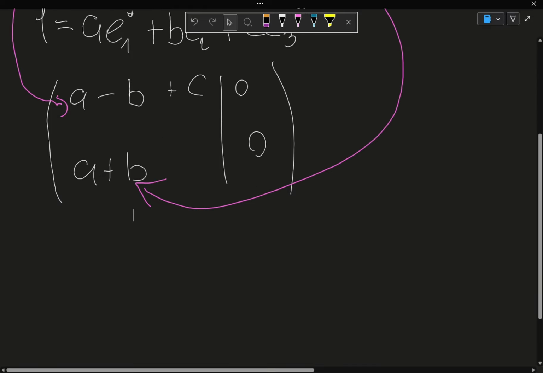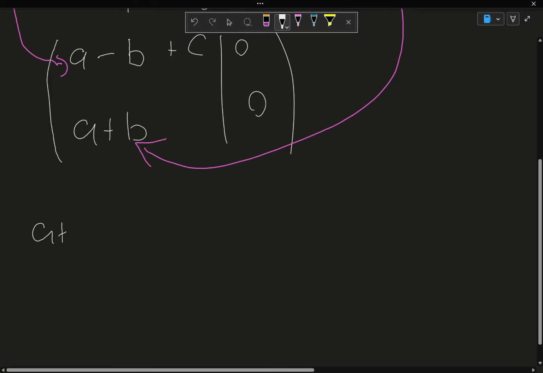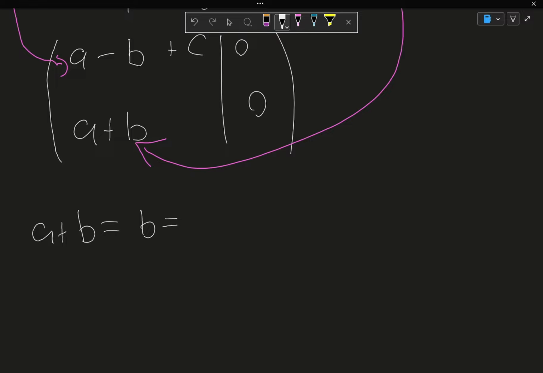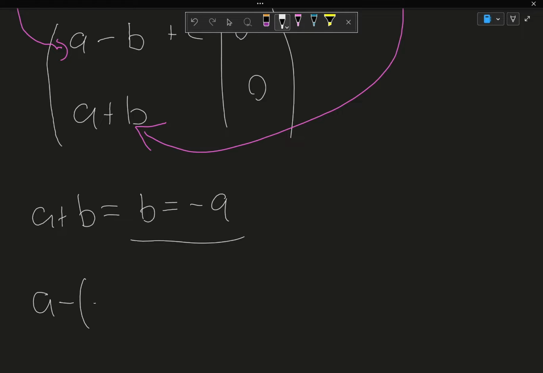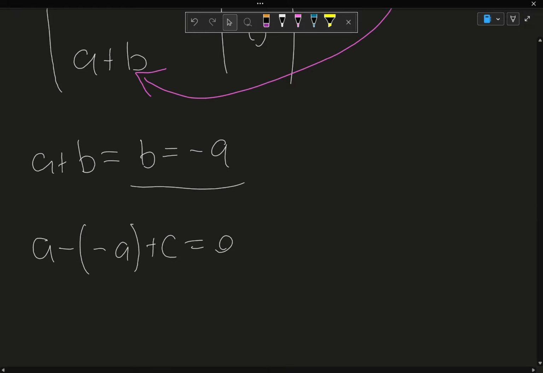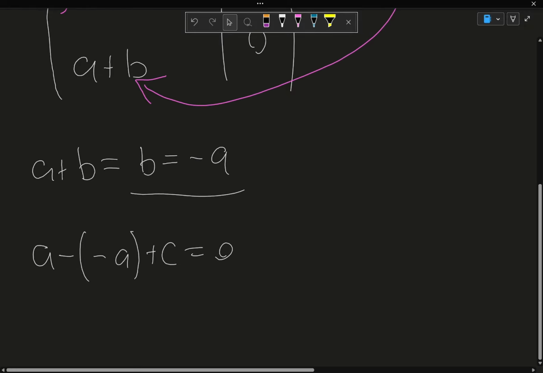From the second equation, A + B, we directly get that B needs to be equal to -A. So if we plug this into our first equation, we have A - (-A) + C equal to 0. This means we have 2A + C = 0.